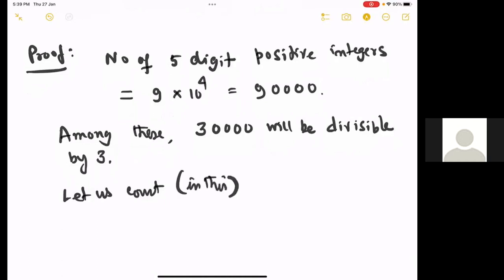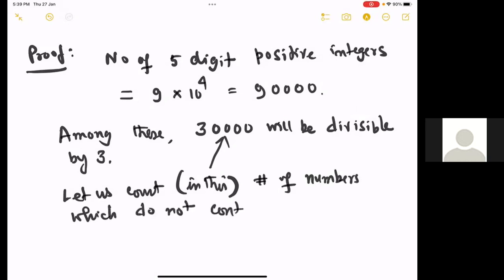In these 30,000, the number of numbers which do not contain 9, then we will simply subtract from it.